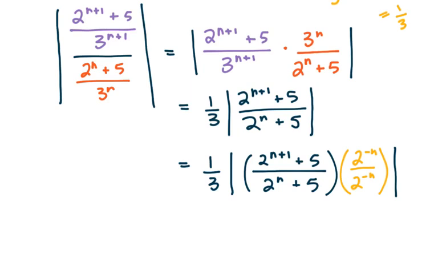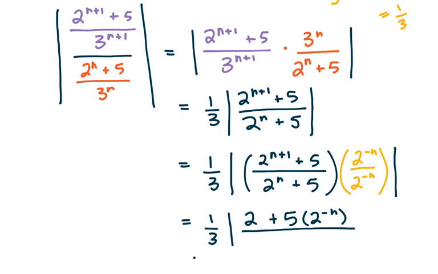And I picked that especially because when I multiply in the denominator, that's going to turn to a positive 1. And when I multiply in the numerator, this is just going to become 2. All right? So this simplifies, and we've got 1/3 times 2 plus 5 times 2 to the negative n over 1 plus 5 times 2 to the negative n.